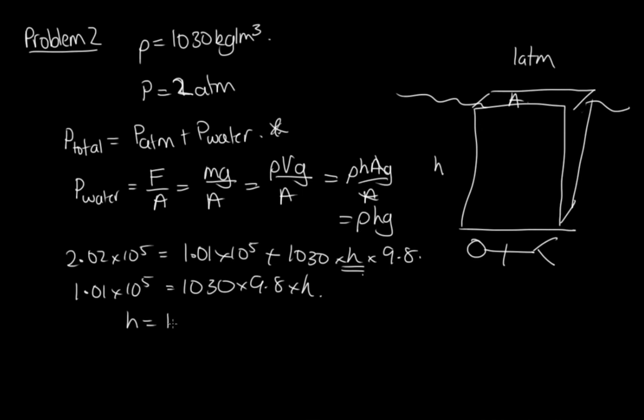So h is equal to 1.01 times 10 to the 5 over 1030 times 9.80. Solving that on the calculator, we end up with 10.0 meters. So he needs to be exactly 10 meters under the water to experience double atmospheric pressure.